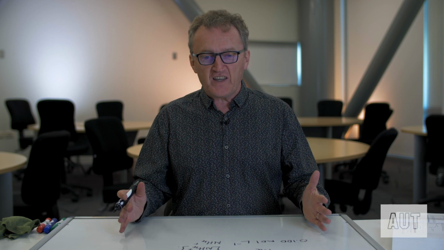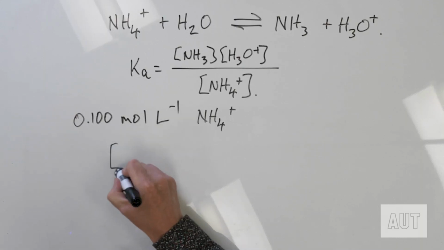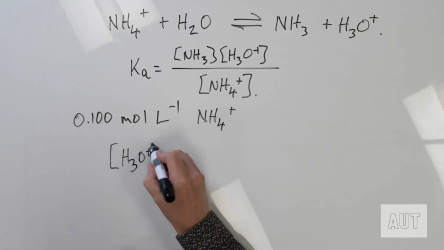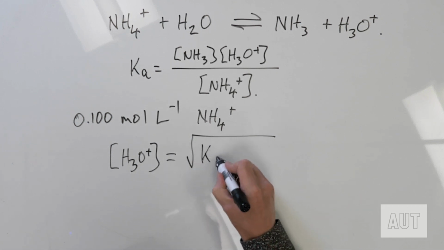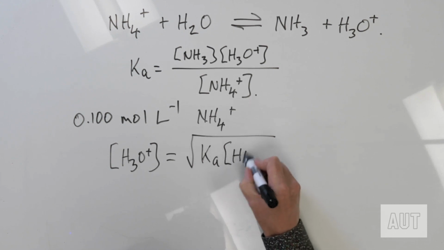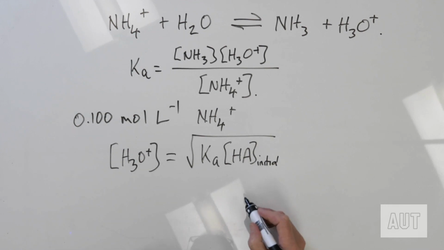We're going to use the equation that, again, we have used in a previous video, we know that the H3O+ concentration is equal to the square root of Ka multiplied by the initial concentration of the weak acid, okay?